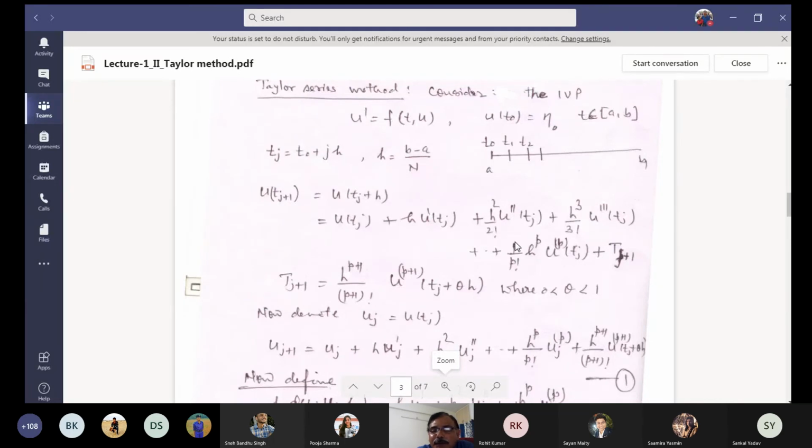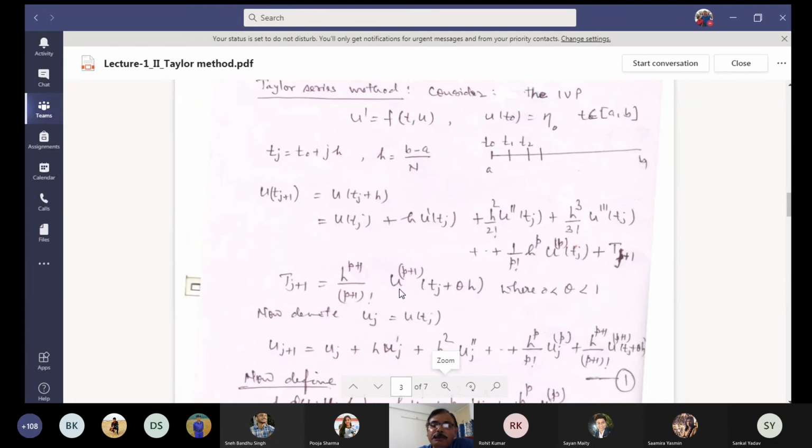Up to, I have taken 1 by p factorial h to power p, the p-th derivative of u at the point t_j, and the remainder is written as h to power p plus 1 divided by p plus 1 factorial, the (p+1)-th derivative of u at the point t_j plus theta h, where theta is strictly in (0, 1). You know that Taylor expansion without any trouble, right? Everybody knows that. Now, what is the local truncation error here?